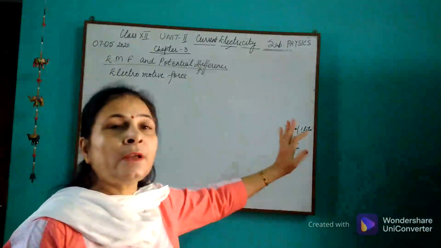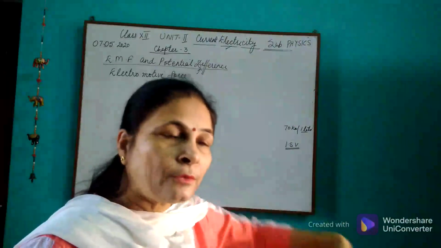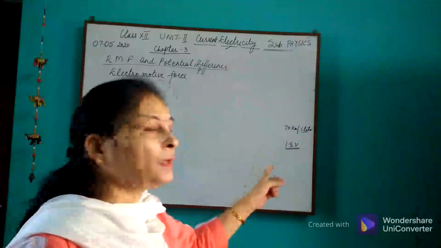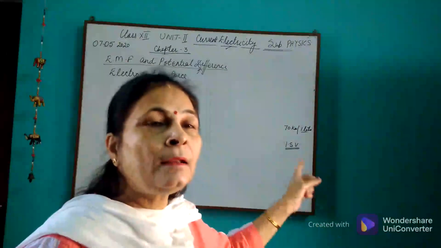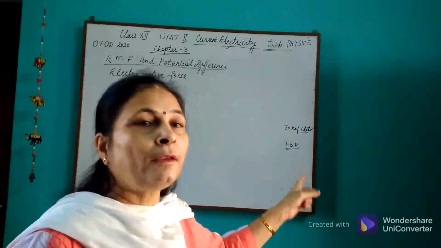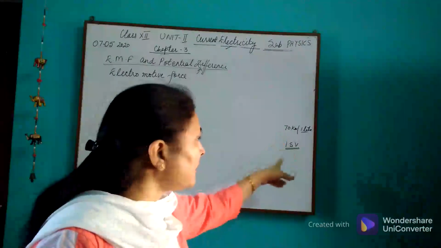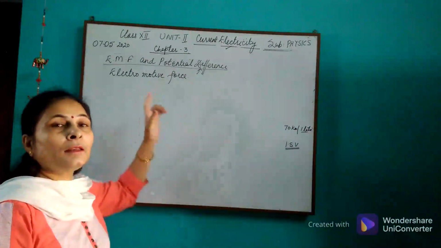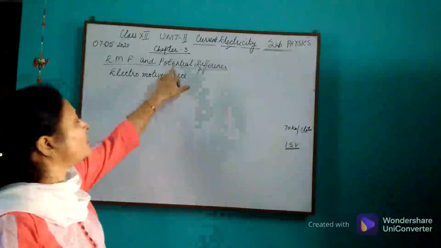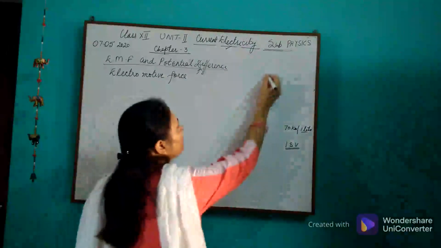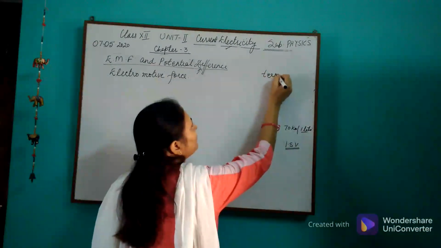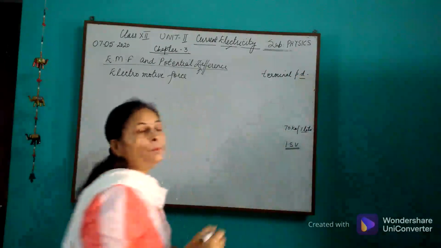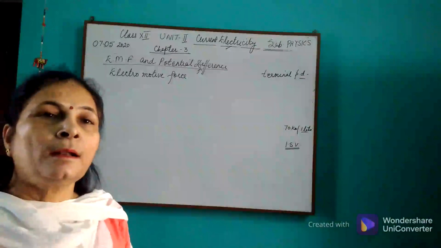So 1.5 volt is the standard value, but as soon as it comes in the circuit, it will give me a value less than 1.5 volt. So this standard value is known as EMF, and the actual value is known as terminal potential difference, or simply potential difference.